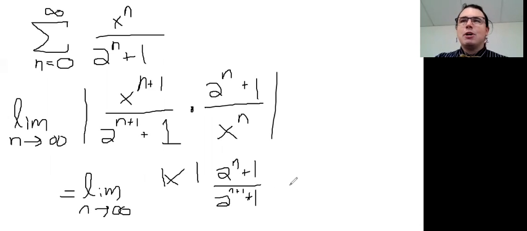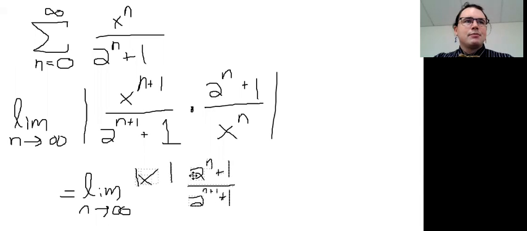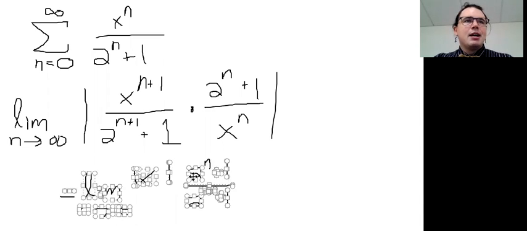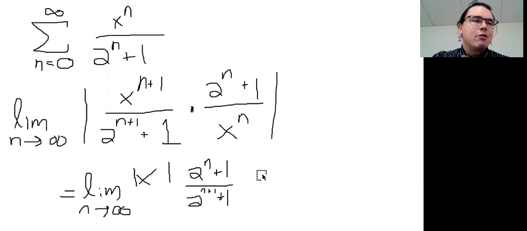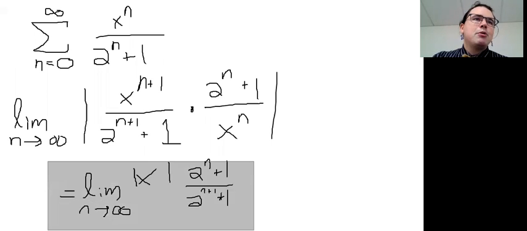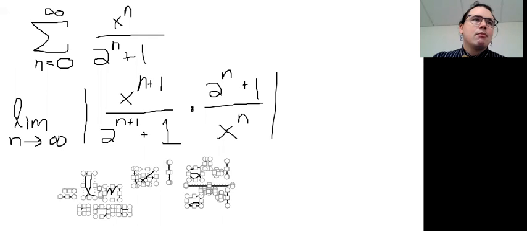Powers of 2 are going to be positive, and I'm dividing by them. That's still positive, so we're good. And what I'm going to do is I'll try to grab the whole thing. I'll try to factor.